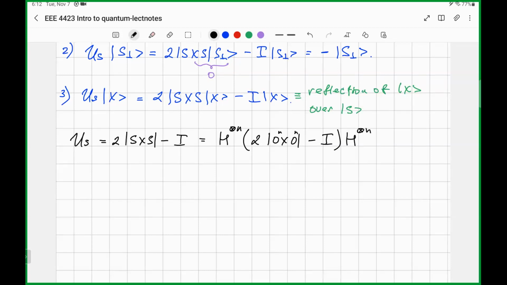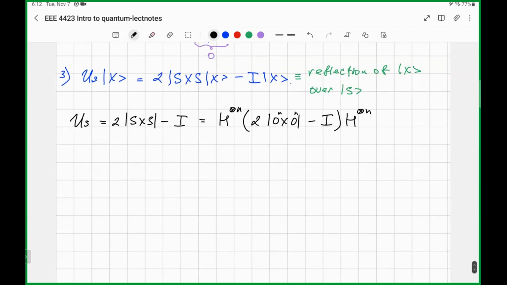Okay, so this is exactly the same representation, and one can check that. So it's pretty straightforward. So vector S is the result of application of the Hadamard on the zero states. Okay, so if you apply this Hadamard from here, you will get this part, and this one applied here, you'll get the same.